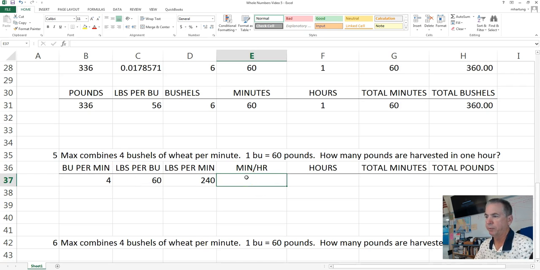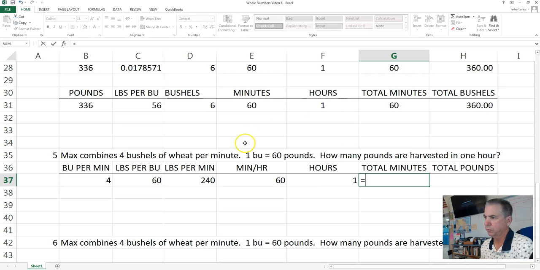So as we did before, how many minutes in an hour? 60. And the problem is asking for just 1 hour. We need to calculate our total minutes. One hour is equivalent to 60 minutes.